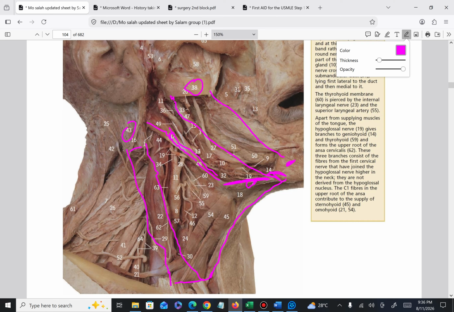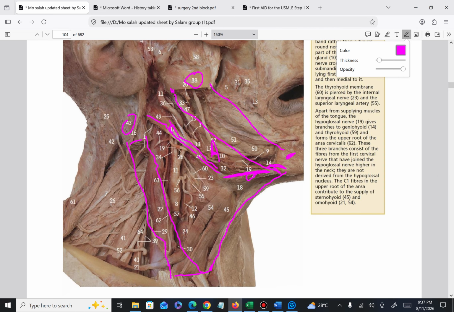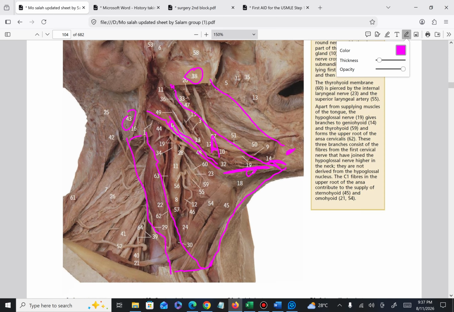Above the anterior and posterior belly of the digastric muscle, I can name this region as A. This region is the submandibular triangle because it is below the mandible and above the anterior and posterior bellies of the digastric muscles.